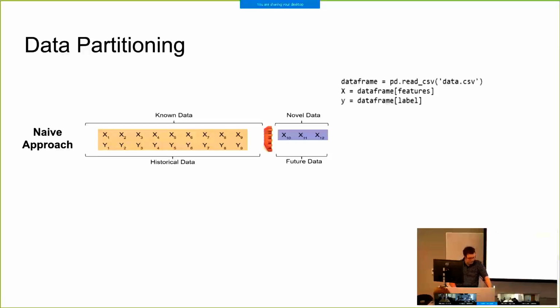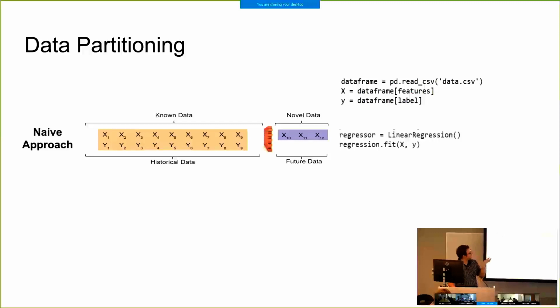And the way that you implement this in scikit-learn is you do something like pandas read CSV, and then you parse from that data frame X and Y. X is this top row here, your predictors or features, and Y is your bottom row, which is your label. Okay, so this is how you do it in scikit-learn.